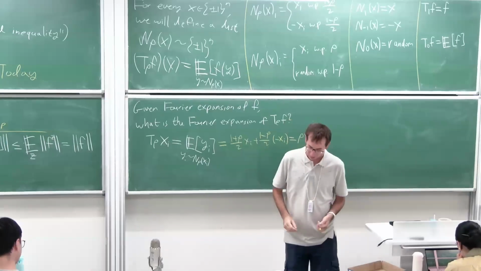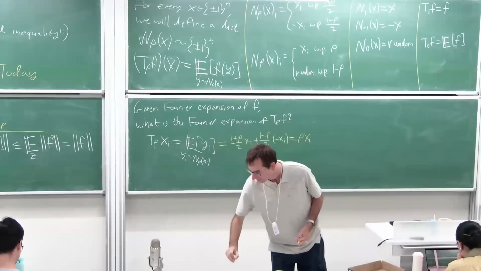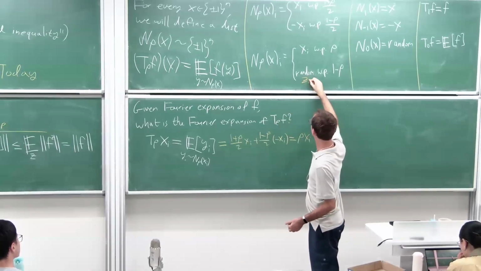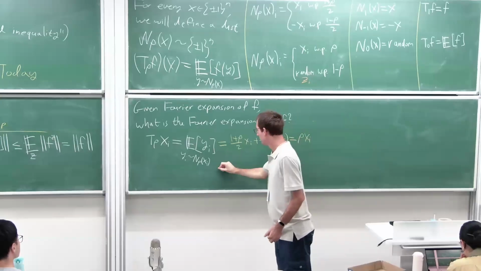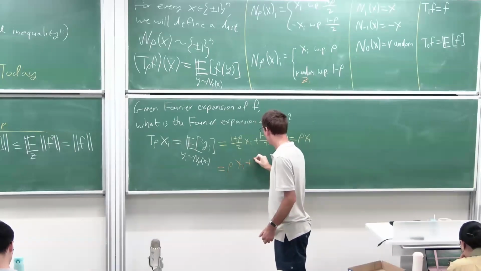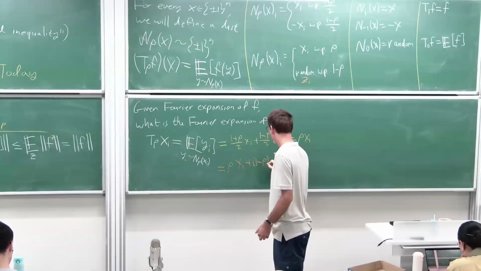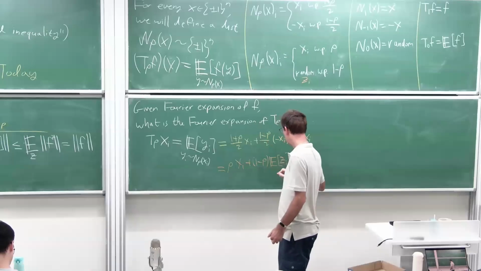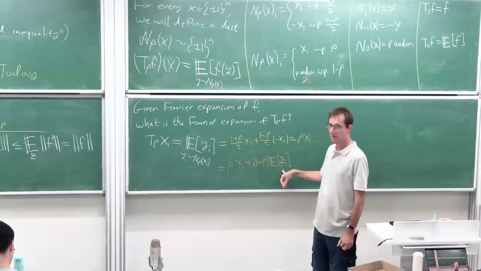And if we do it the other way, now we use the second definition and we call this z_i. With probability rho, it's equal to x_i, and with probability 1 minus rho, it's the expected value of z_i, but the expected value of z_i is 0.